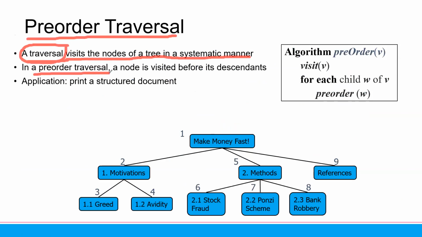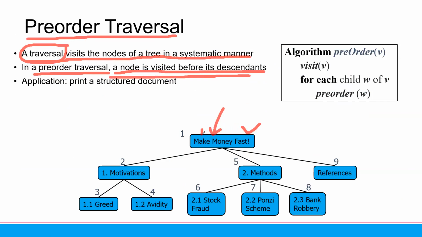Pre-order traversal means a node is visited before its descendants. So I have the position 1. I will visit this node, and then this is the ancestor, because the requirement is a node is visited before its descendants.